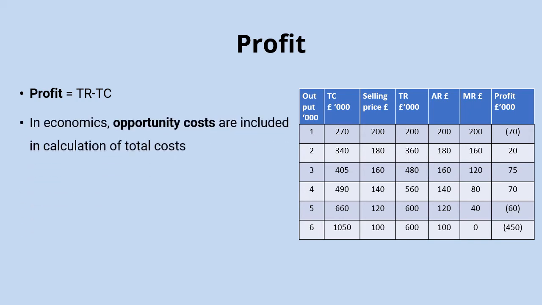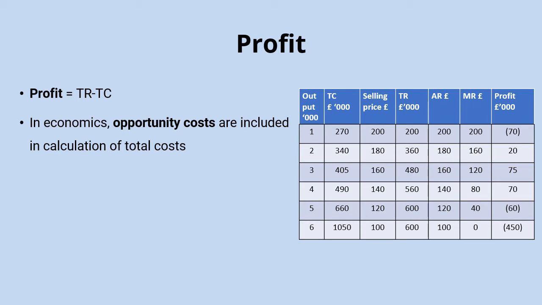But the key thing in economics specifically is that we calculate profit slightly differently to how you would in accounting and how actually most normal people would think about profit, because we include opportunity costs in our calculation of total costs. And I think the easiest way to think about that is using an example.